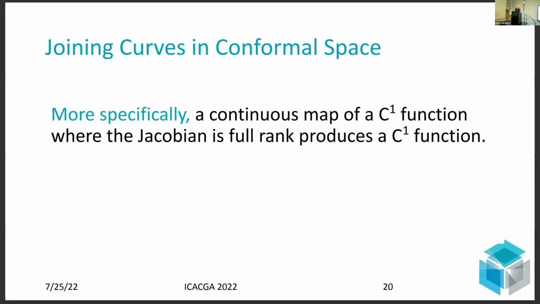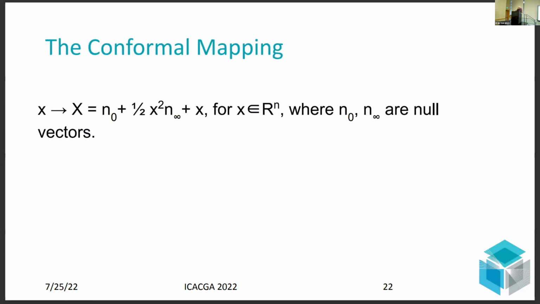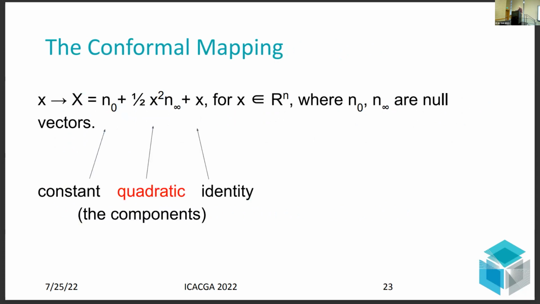Because it's a quadratic map. So I can talk about doing a Bezier curve in Euclidean space and know if I join two of them continuously on the horosphere, it will also be continuous. But a constructive proof I think is more illuminating, pretty simple too. So, here's our conformal mapping. You should all be familiar with it by now. And like everybody else does, I'm really only interested in the quadratic component of that.